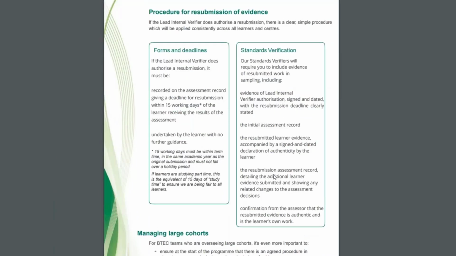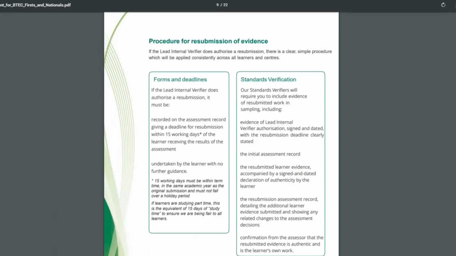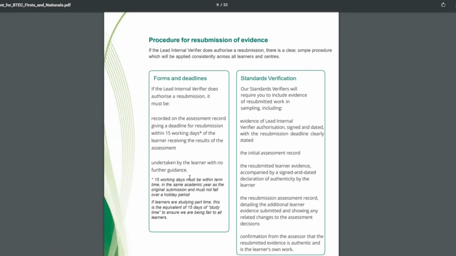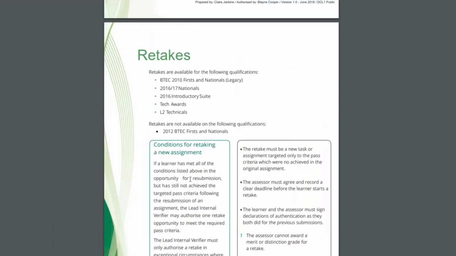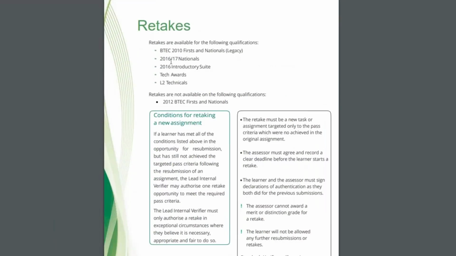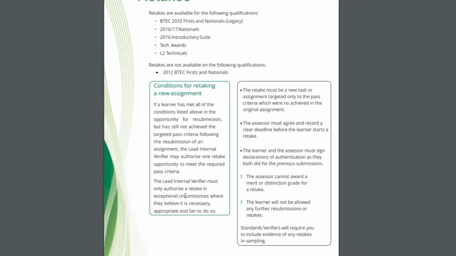Then the processes here are explained for how you go about doing resubmissions and the reasons why you're allowed to, and then retakes. This gives you the ability for a student that's completely failed a learning aim to go around and start again.